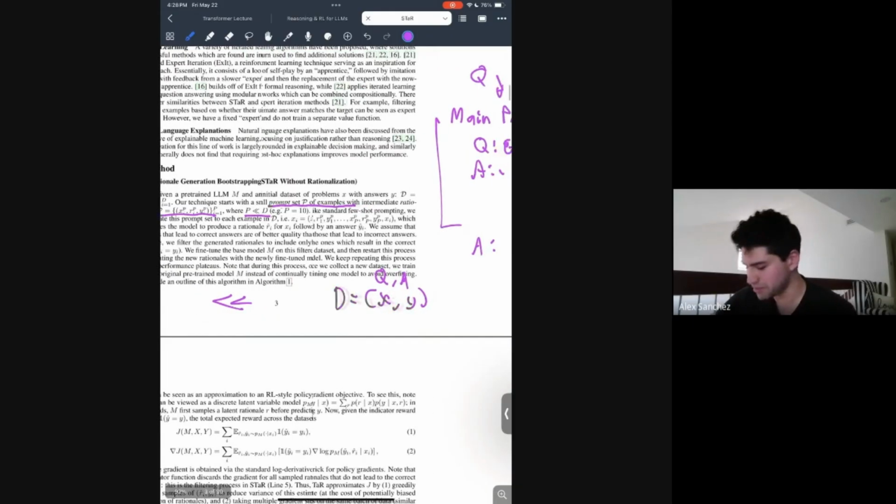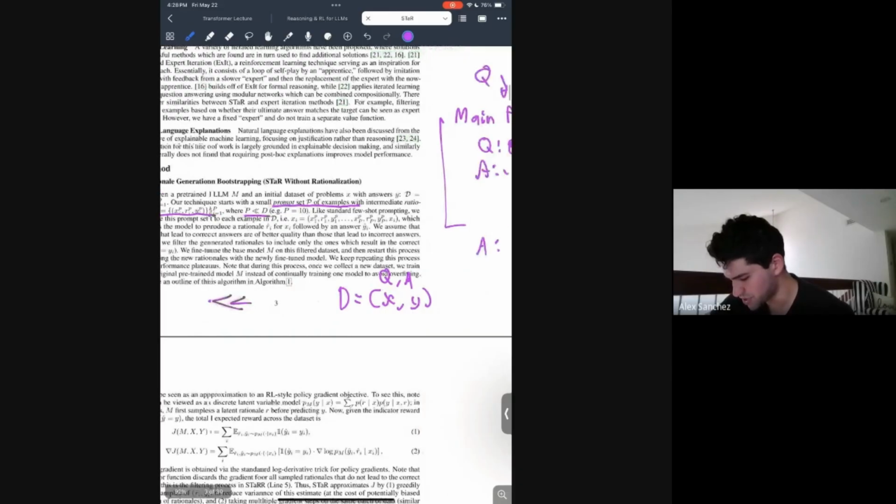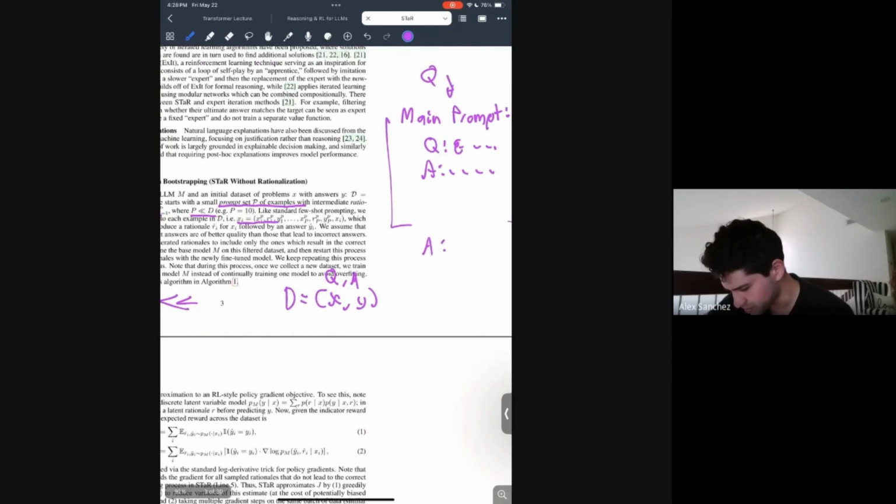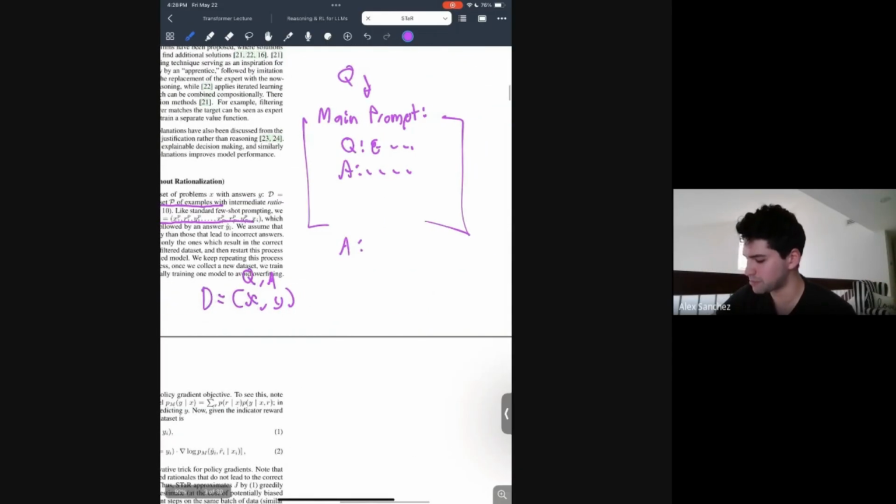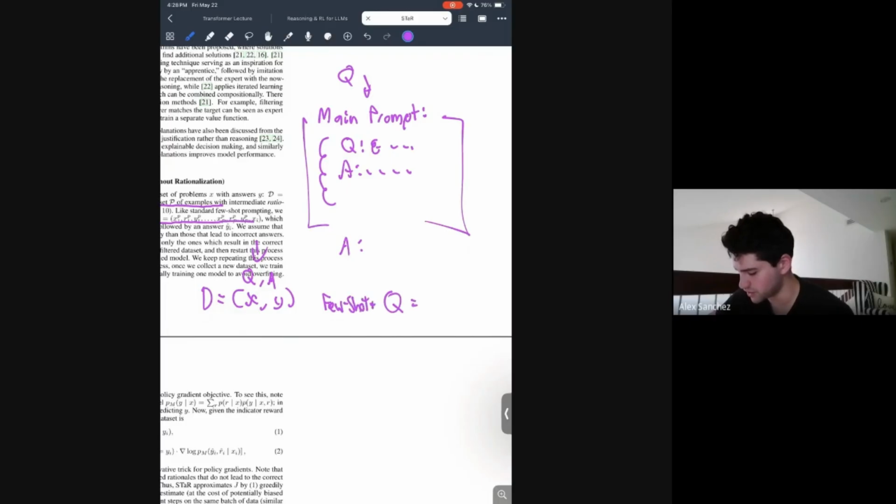What they mean by this, the new dataset is XP. You see right here, XP. It just means that they append to the question prompt the few-shot prompt as well. So instead of just the question from the dataset, you also have the few-shot examples. You add these together to have a new X. What do they have? XP.